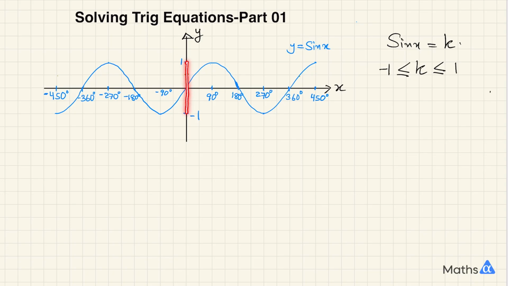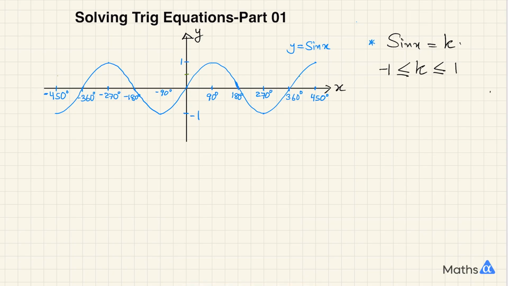So if you want to solve this equation for x, you need to make sure that k is between negative 1 and positive 1. That is the first form you would get when you solve a trig equation.